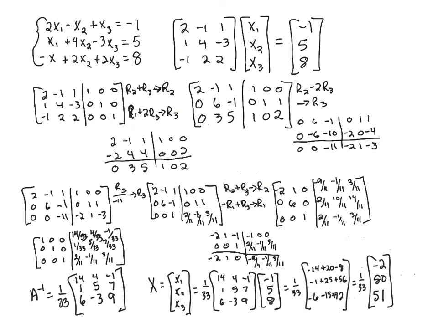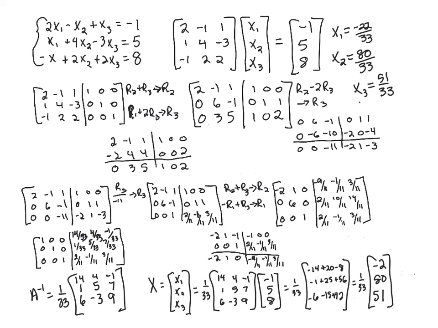I'm going to write these up here at the top where I have room. X1 came out to be negative 2 over 33. X2 was 80 over 33. And X3 is 51 over 33.